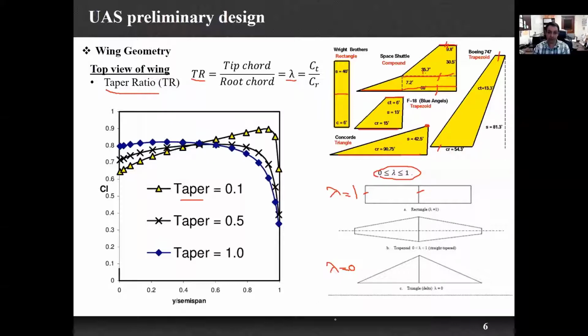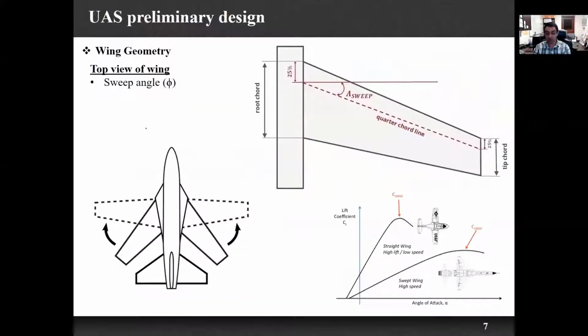But for the drones that we are designing, specifically fixed wing drones, this ratio is going to be less than 1. So now going to the next slide.